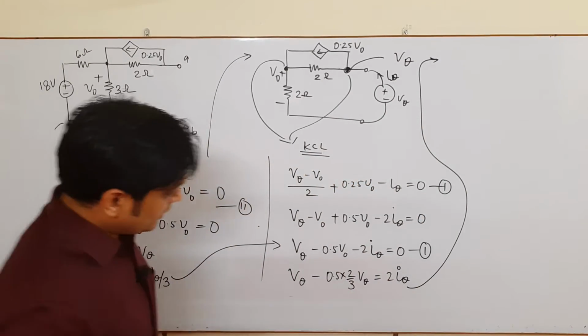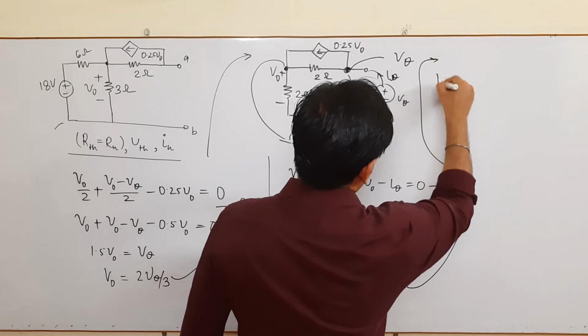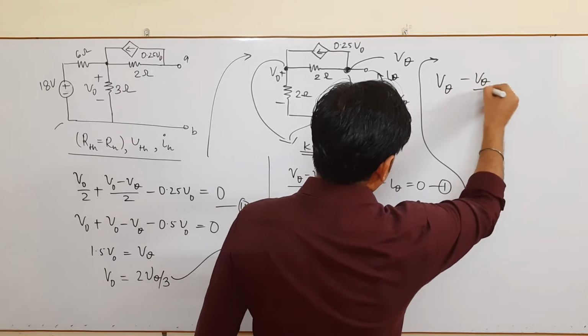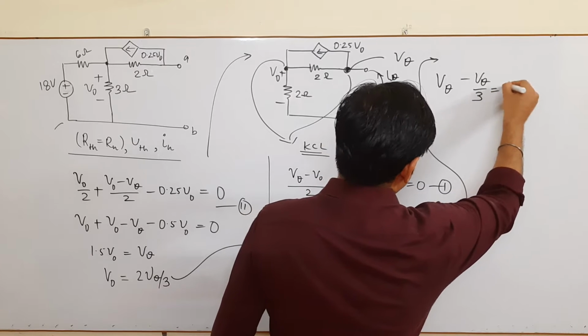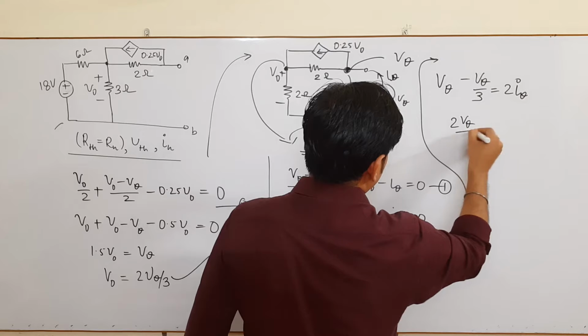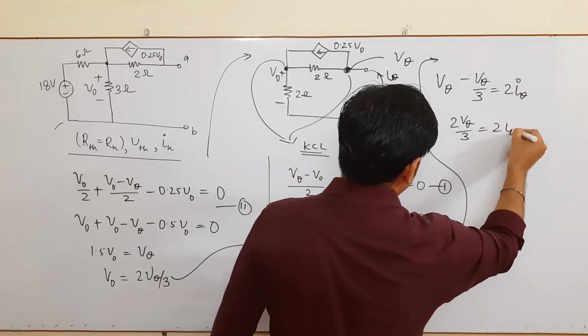so that comes to be how much? It is V theta minus of V theta by 3, and that is twice of I theta. So that comes to be twice of V theta by 3 equal to twice of I theta.